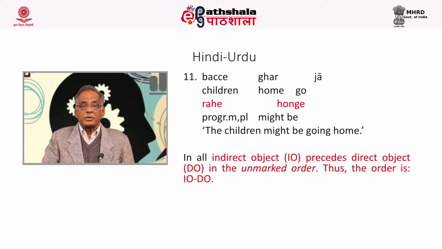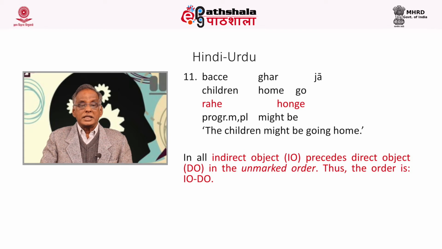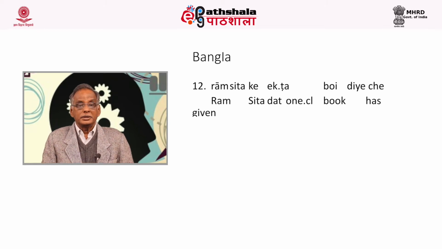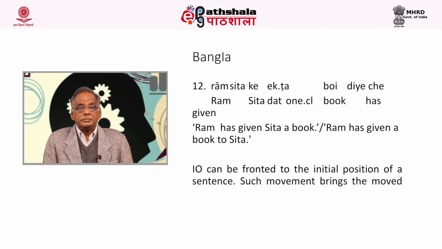The next universal we are going to consider is the order of indirect object and direct object. The indirect object precedes the direct object in the unmarked word order. Let's take a sentence from Bangla, as in sentence number 12. Ram Sita ke ekta boi diyeche.